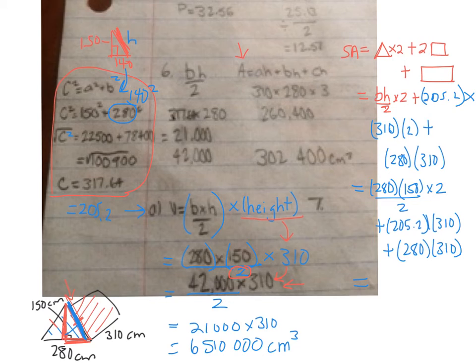When you multiply things out and add them up, you should get 256,024 centimeters squared because it's area. Hope that helps you.